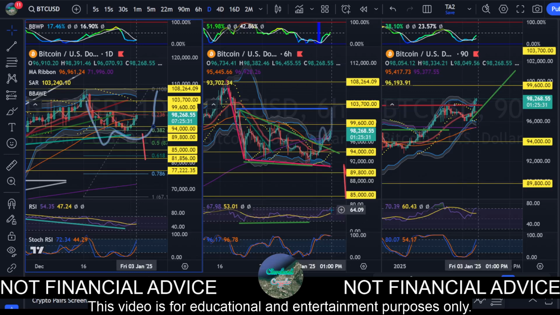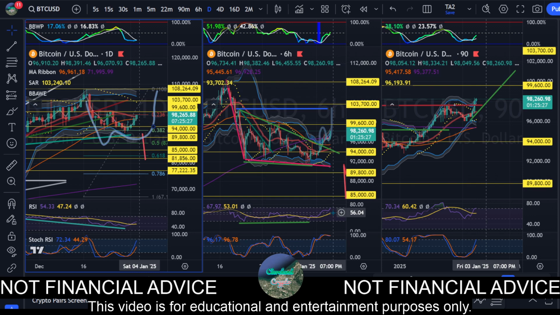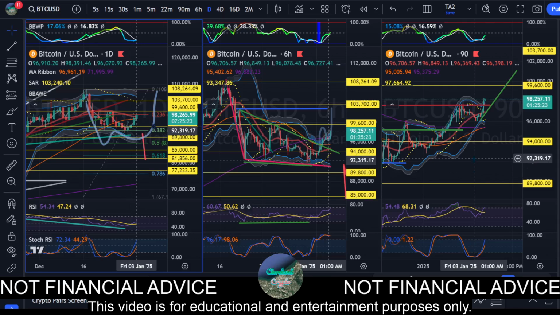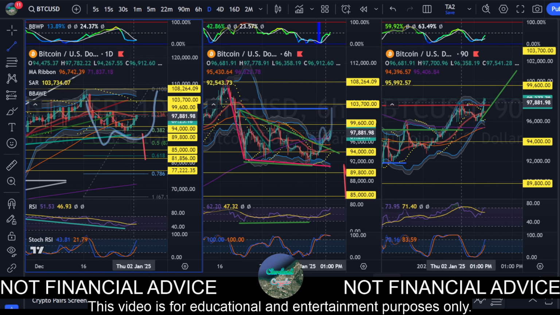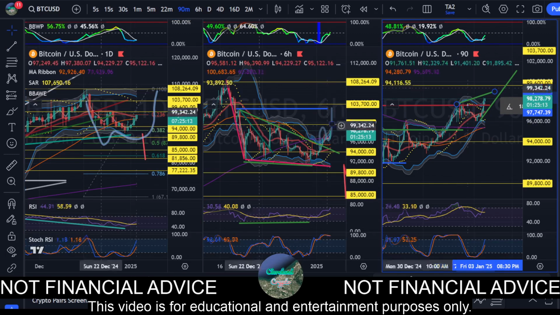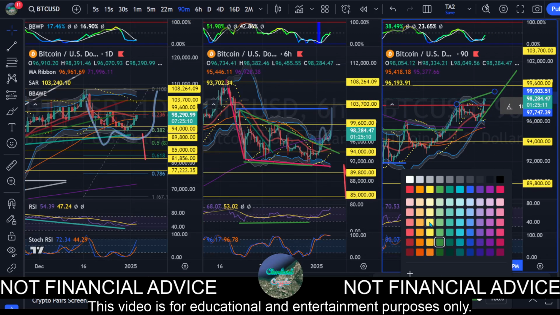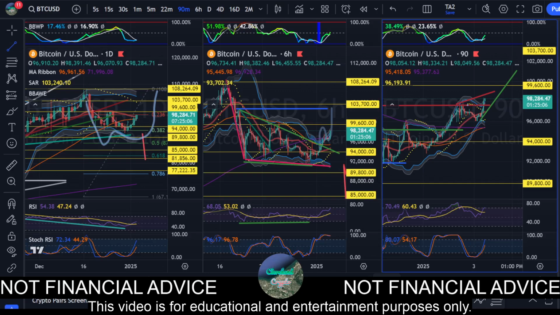However, RSI here on, you know what? Just noticed this possible bearish divergence here on the 90-minute chart with price action putting in higher highs, and RSI possibly putting in lower highs.